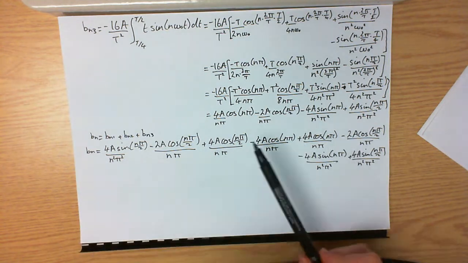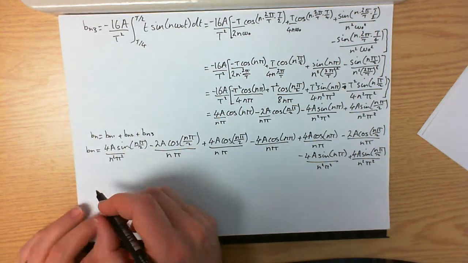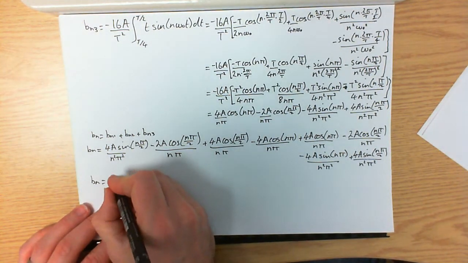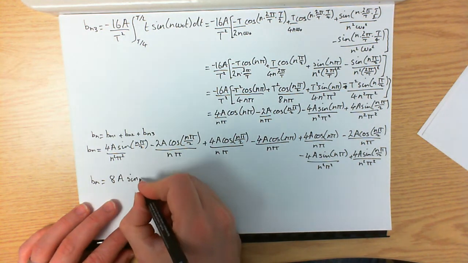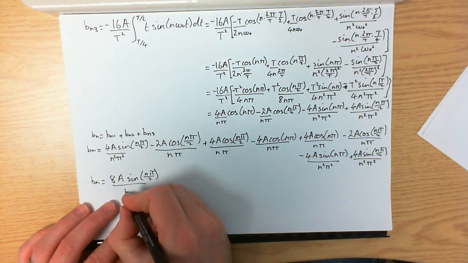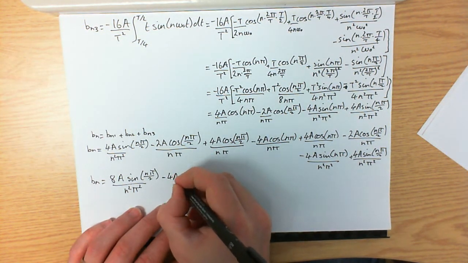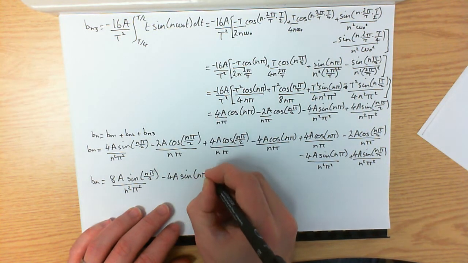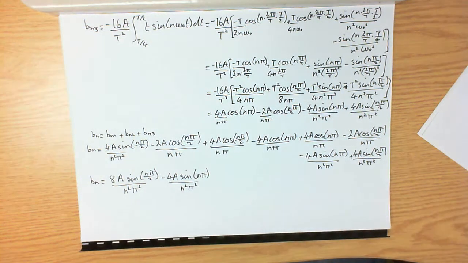And then we can go through all the common terms, and the vast majority of them cancel out, leaving only 8a sine of n pi by 2 over n squared pi squared minus 4a sine of n pi over n squared pi squared.